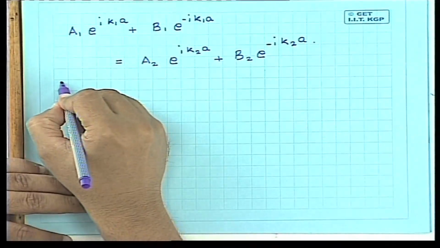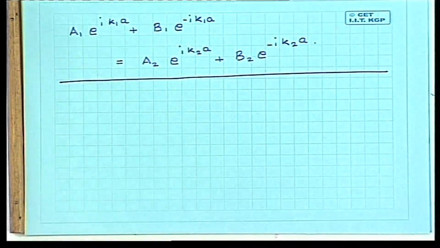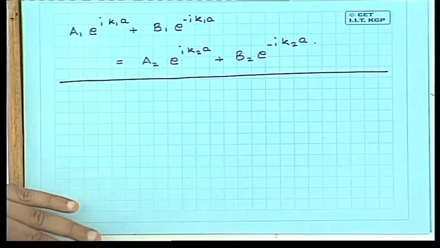So this is the first relation that we have, and this comes from the fact that the wave function should match at the boundary.